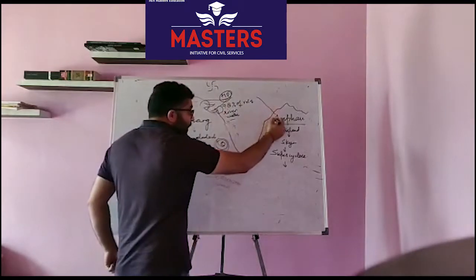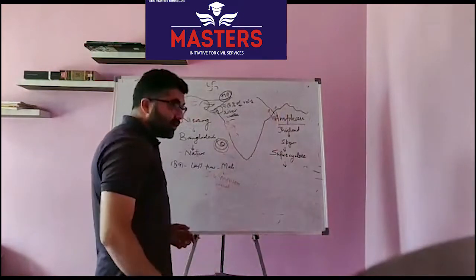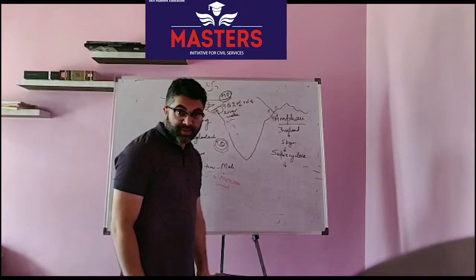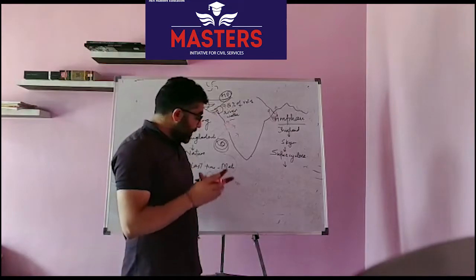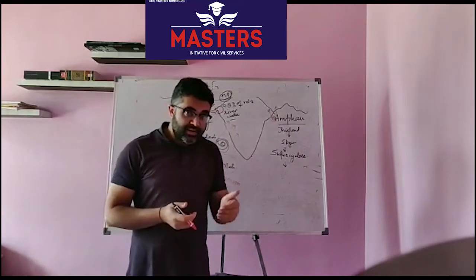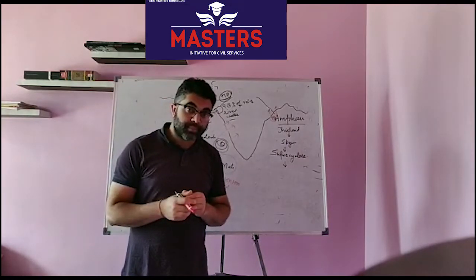Same thing with Amphan, which made a landfall in West Bengal, on the southern coast. Now, what is the similarity between these two? Within less than a month, we had another cyclone.